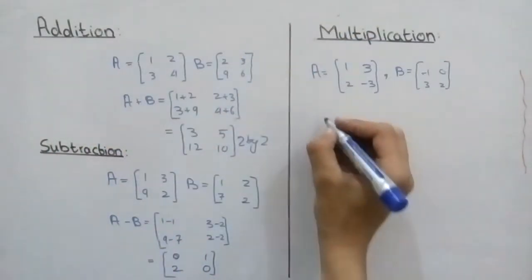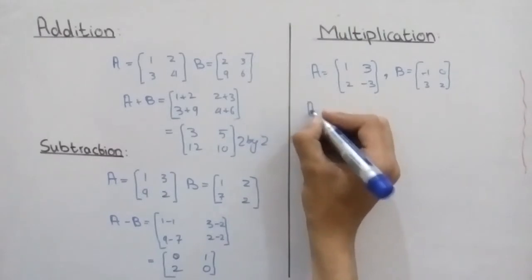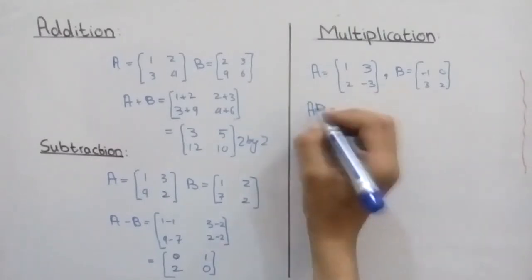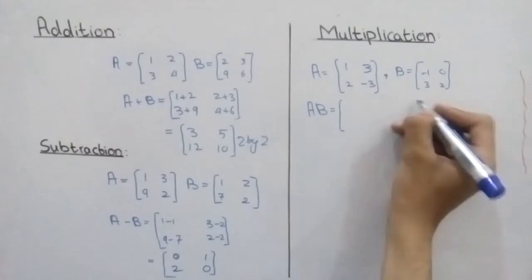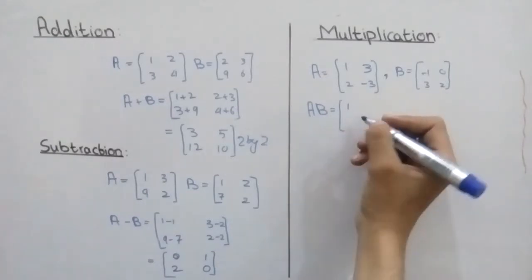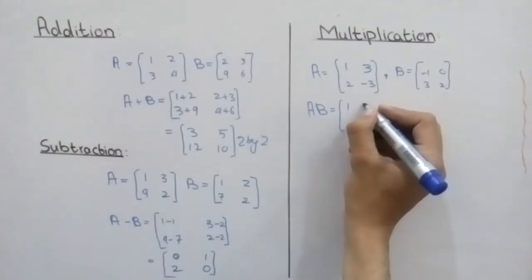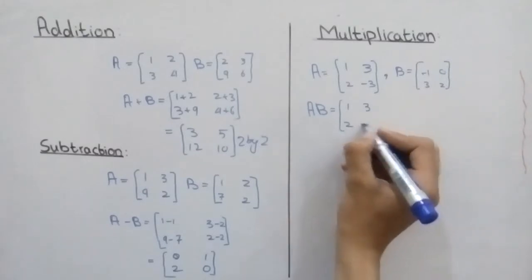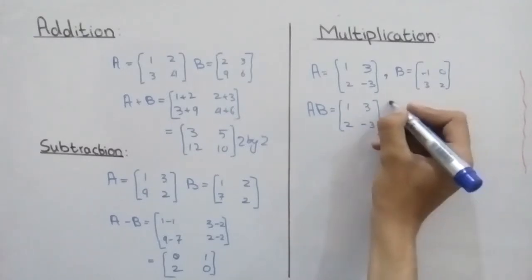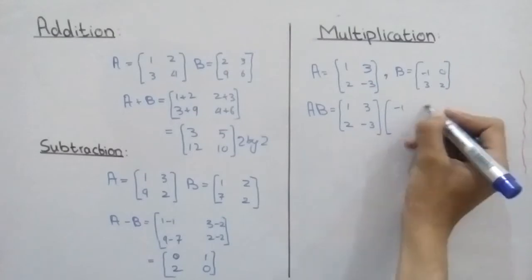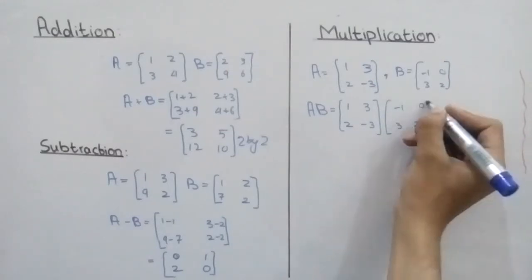Now we will multiply. Multiplication will be written as A dot B, which is 1, 3, 2, minus 3 and minus 1, 0, 3 and 2.